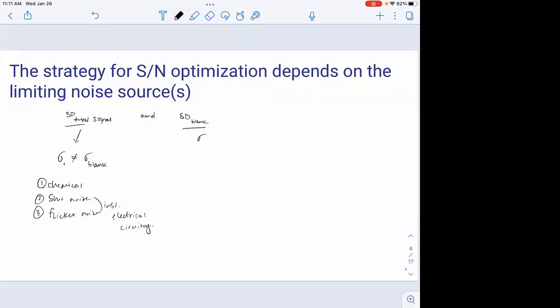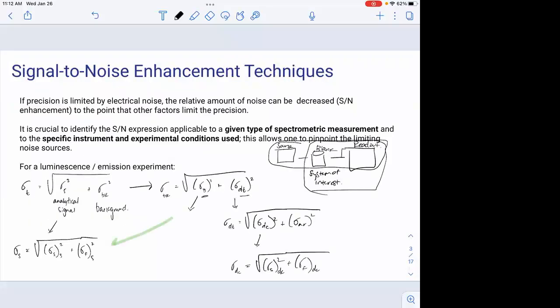So if the total deviation or noise is about equal to the noise in the blank, which is fairly common with low analyte concentrations, or particularly when analytical signal is small, then you can think about signal coming from either the blank or the dark current, similar to how we talked about up here, there being a blank and a dark current.